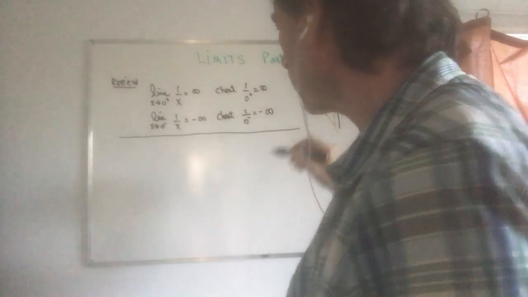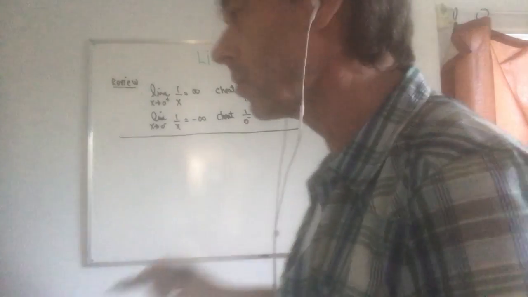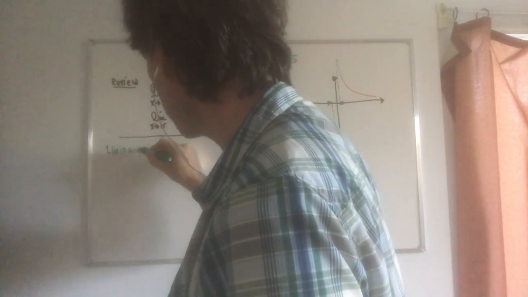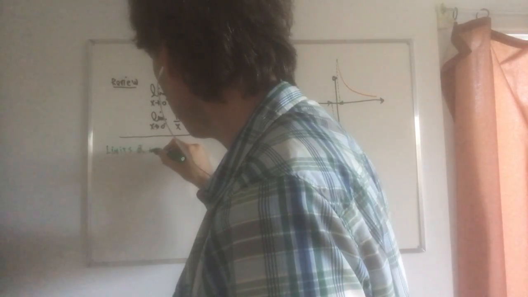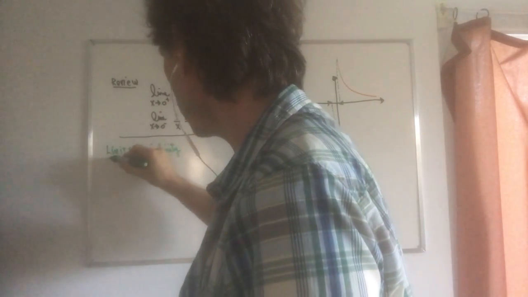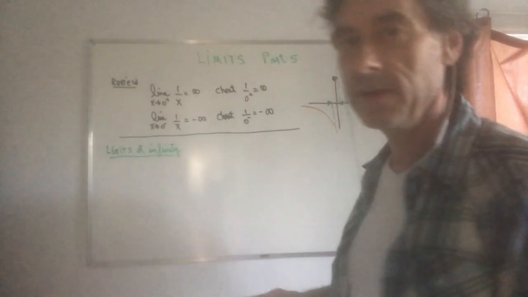So we can sort of link this to what we want to do today. Today, I would like to look at a subchapter of limits that's called limits at infinity. How is this different than what we have just seen?